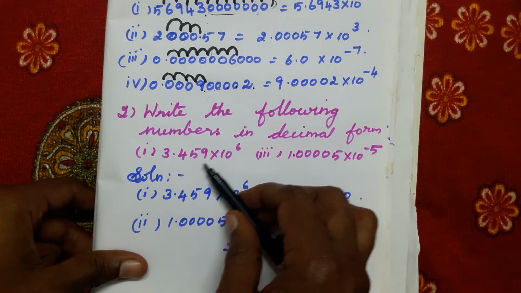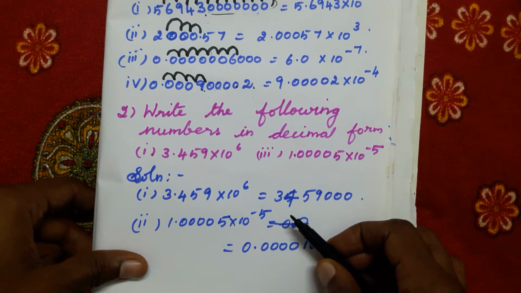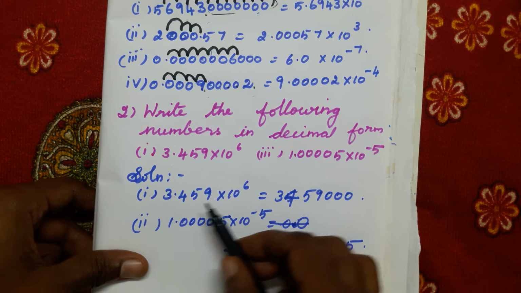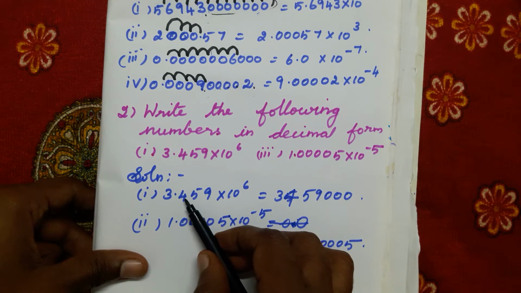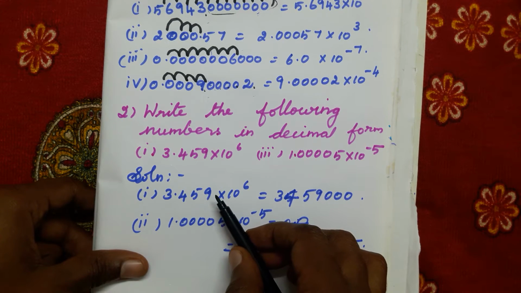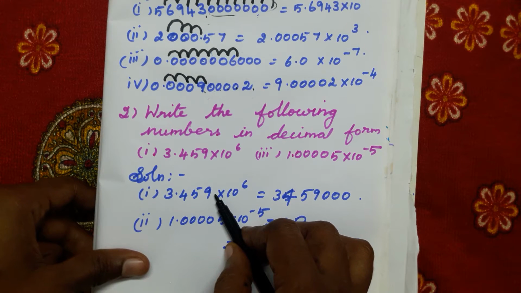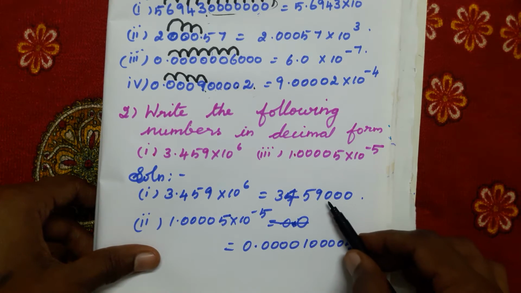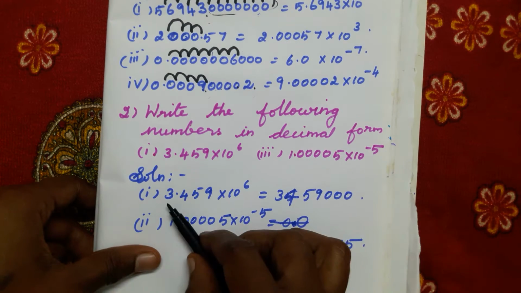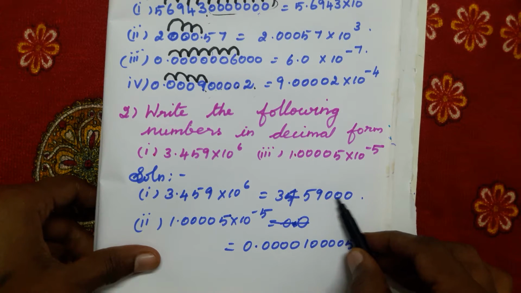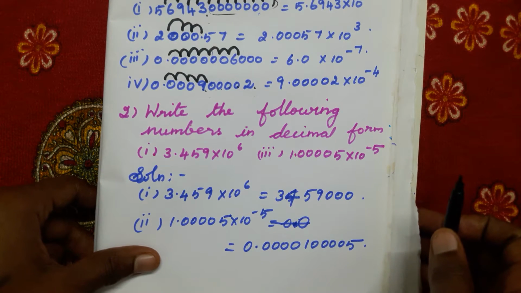How many digits do we want to move the decimal point? 6 digits. But after the decimal point, how many digits are there? 3 digits. We need 3 more digits. For these 3 more digits, we have to write 3 zeros. So 3459000 is the answer.